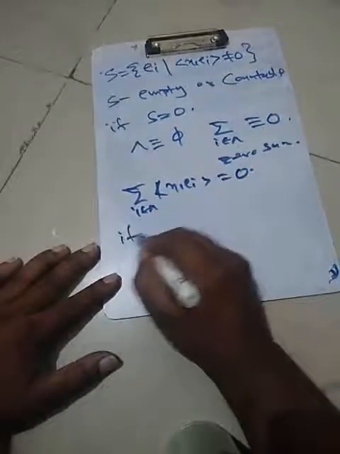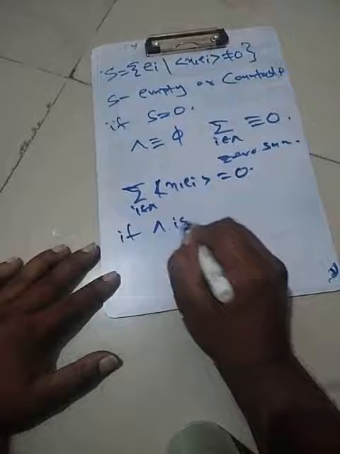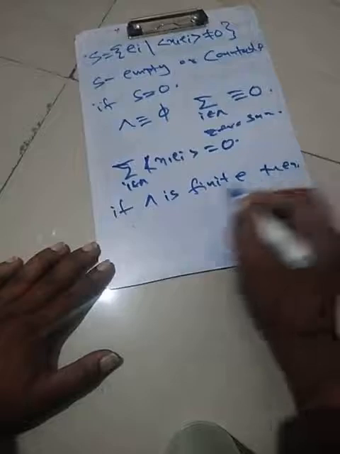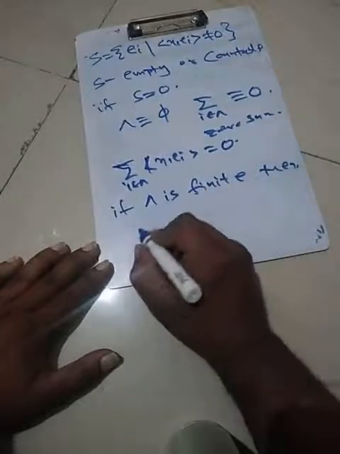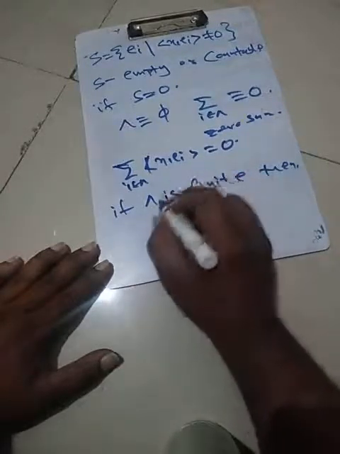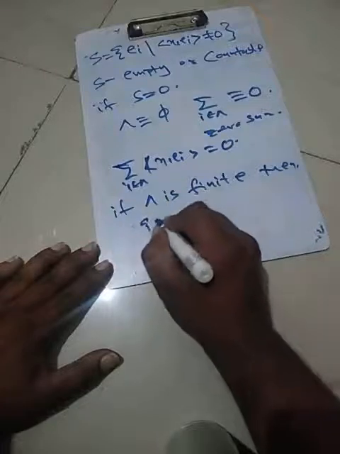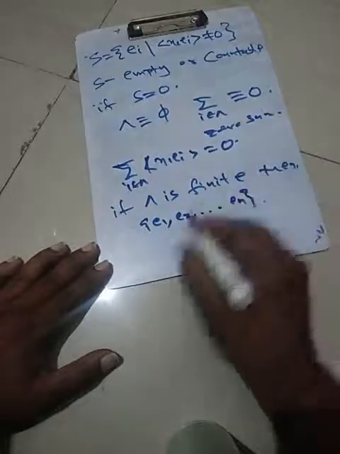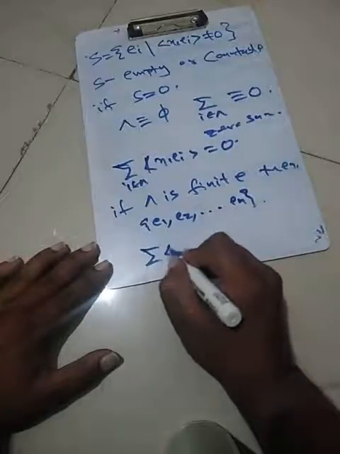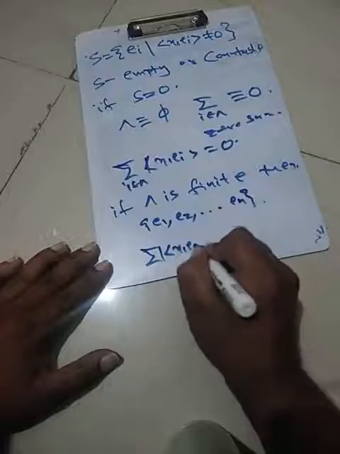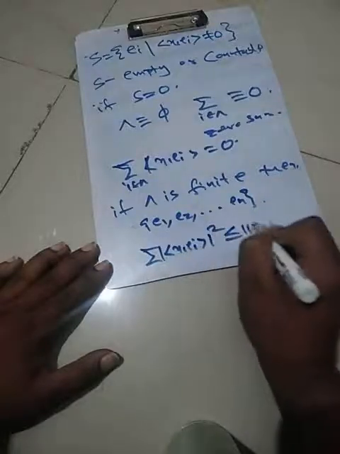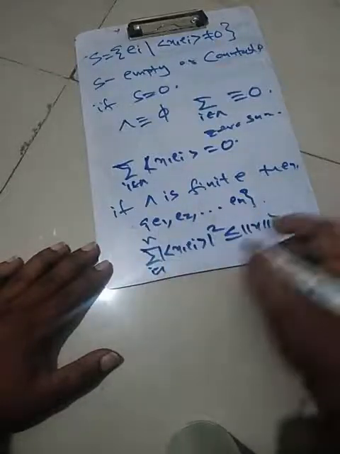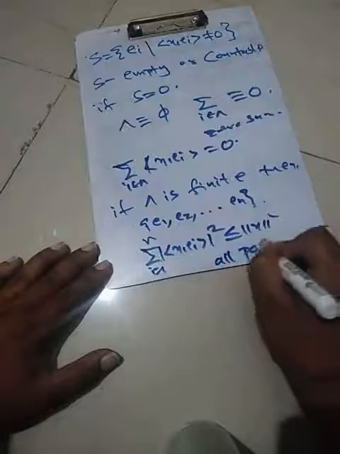If lambda is finite, suppose lambda has n terms only: e_1, e_2, up to e_n. Any rearrangement would be what? The summation of the squared inner products of x with e_i would be less than the norm of x squared, not only for this one particular order, but for all possible rearrangements also.